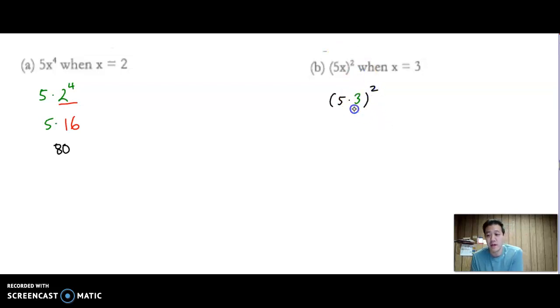Okay. So now because the 3 here is inside the parentheses with the grouping, we're going to multiply this first, right? We're going to multiply that first. So 5 times 3 is 15. And then 15 squared, right? If you want to use a calculator, that's fine. That's going to be 225. Okay.